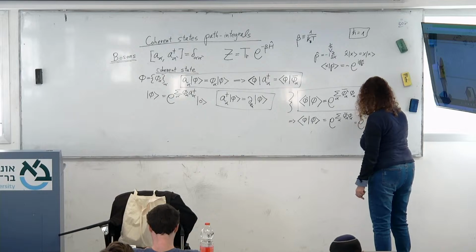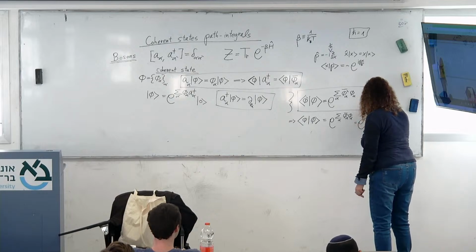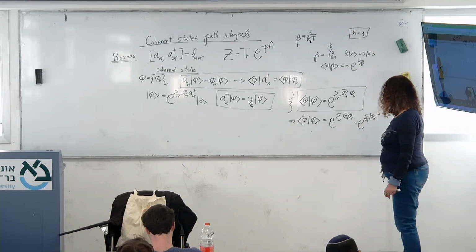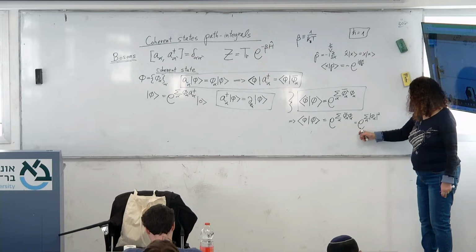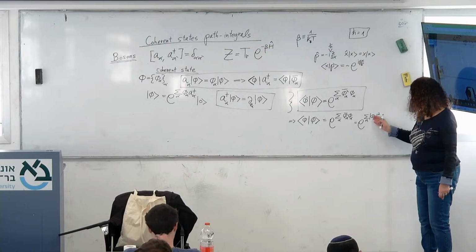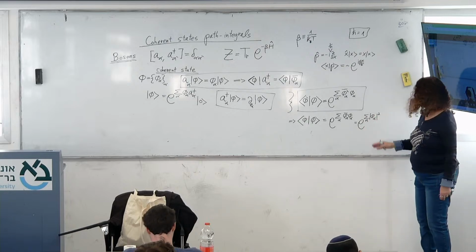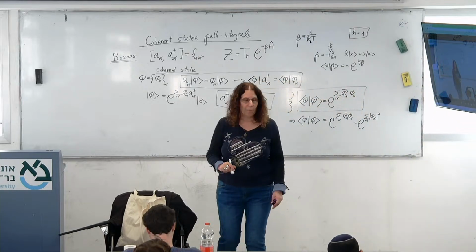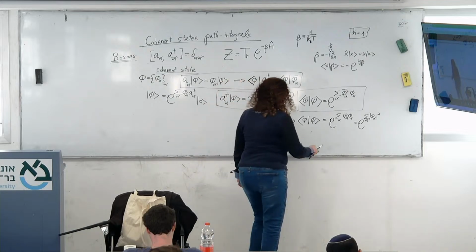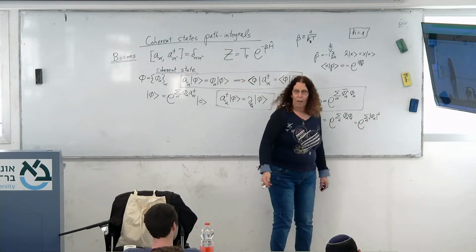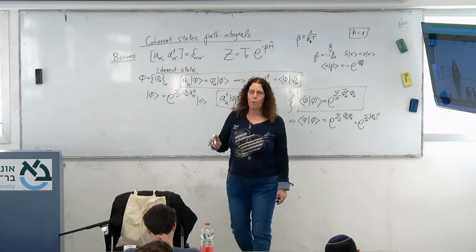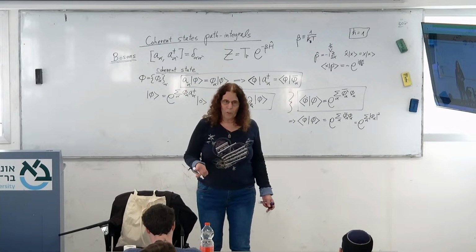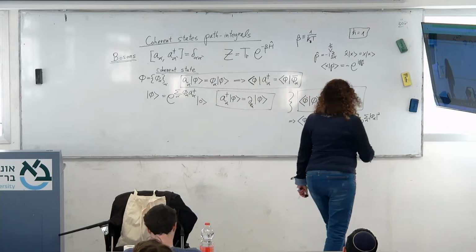Okay, so let me explicitly write it like this. That's what you get. And remember, phi alpha are some complex numbers, but their absolute value is positive. That's a positive number, and what you therefore get is an exponential of a positive real number, which is larger than 1.